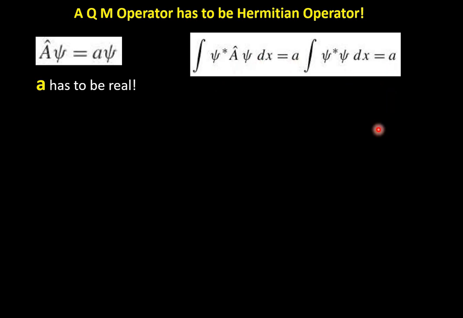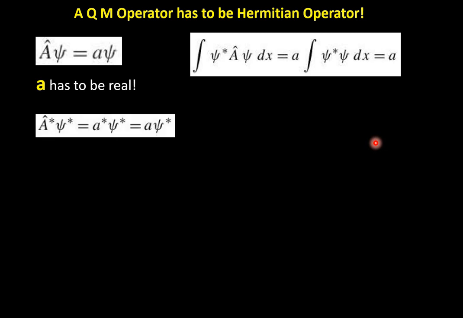Suppose this is equation number 1. Now we take the complex conjugate of both sides of this equation. So A star psi star is a star psi star, right? But assuming that a has to be real, a star can be written as a. So this is the final equation.